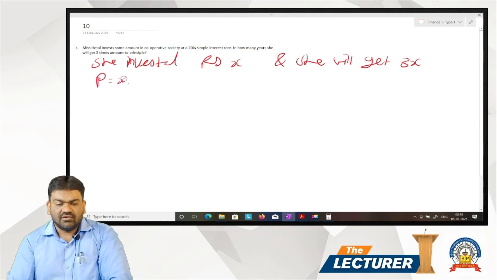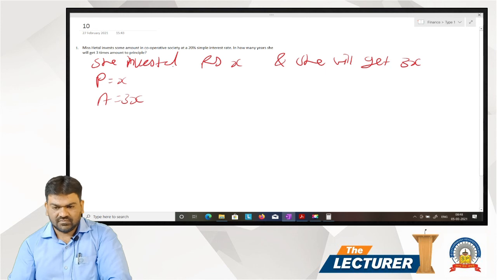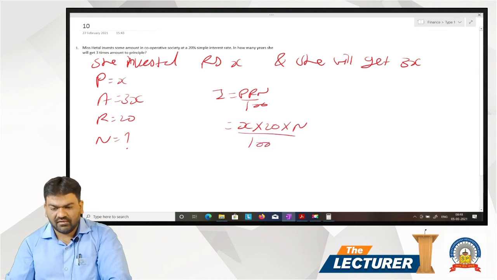So P is equal to x, A is equal to 3x, R is equal to 20, and N we have to find out. I is equal to PRN upon 100, P is equal to x, R is equal to 20, N we have to find out, divided by 100.